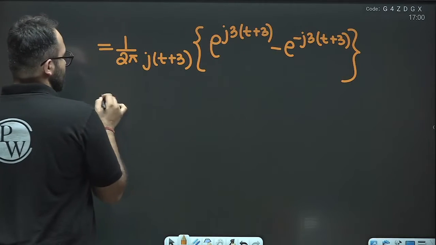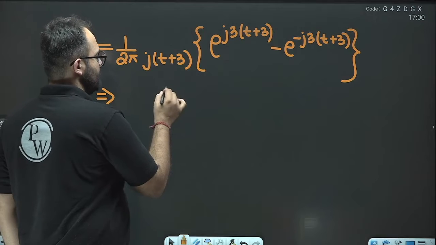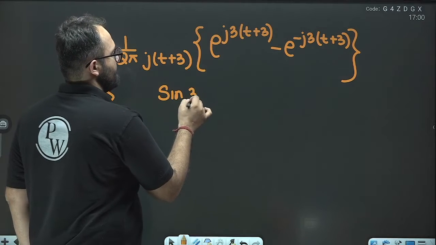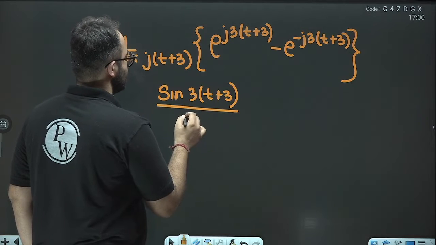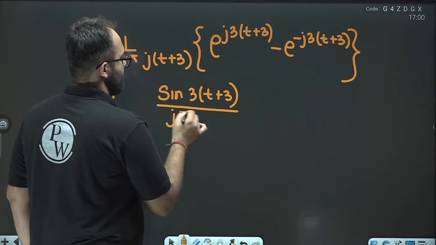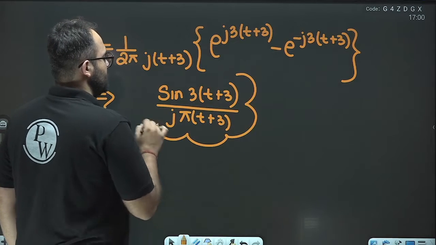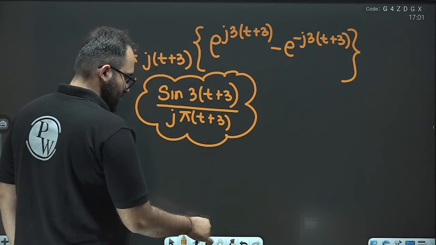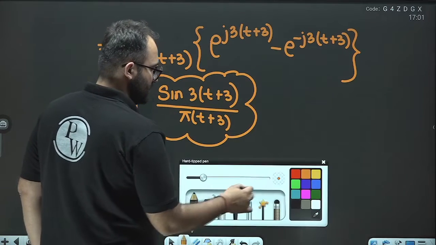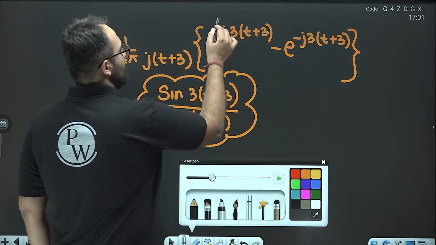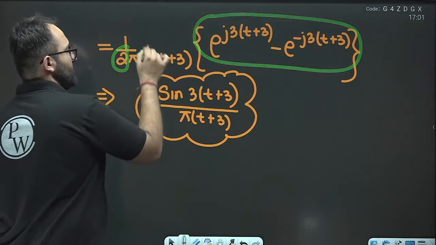From here we can see that this will become a sine term. Sorry, j will not be there, because this term divided by 2j will become a sine term.